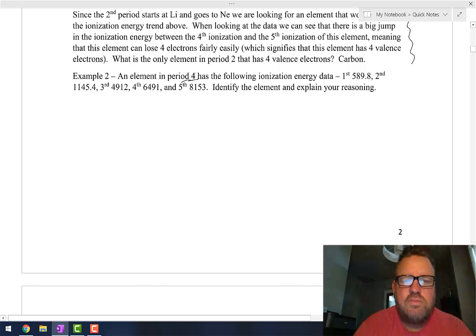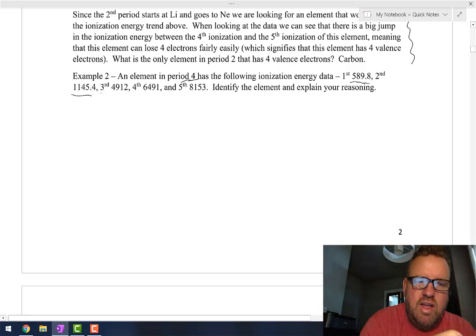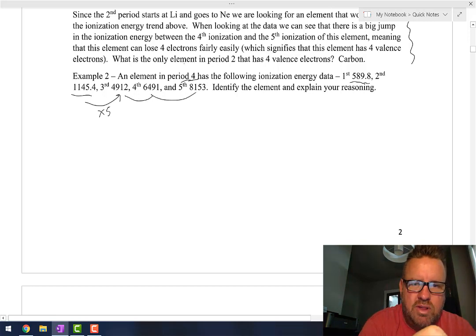So question being here, where do you see the biggest jump? So 598 to 1100 is about doubling. 1100 to almost 5,000 goes up by a factor of 5. Not even close to doubling. So the biggest jump is from the second to the third.